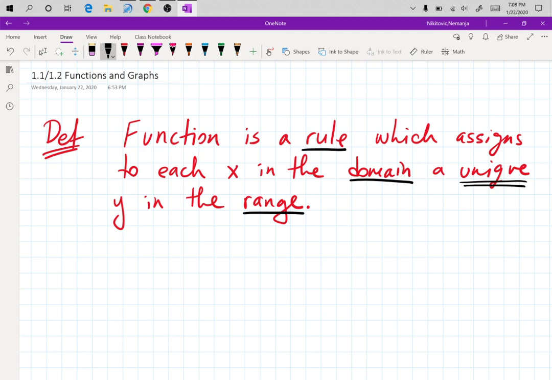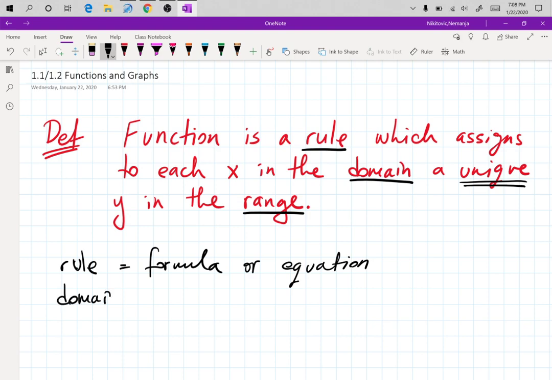Now let's understand this definition and understand what the function is. So in mathematical language, we have these definitions which define terms. Our term that we want to define, obviously now, is a function. So what is a function as an object? Function, the word rule is related to equation or some kind of formula. So the word rule is formula or equation, so you know what you're computing.